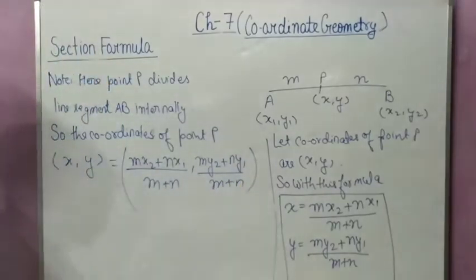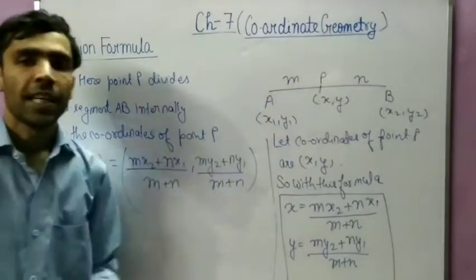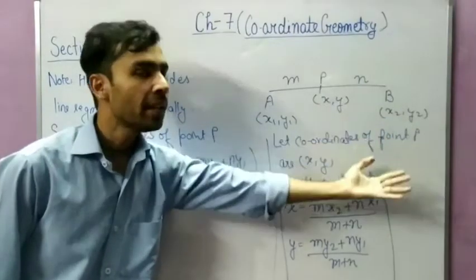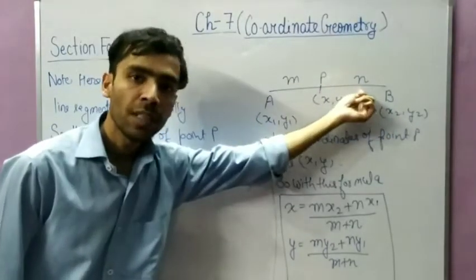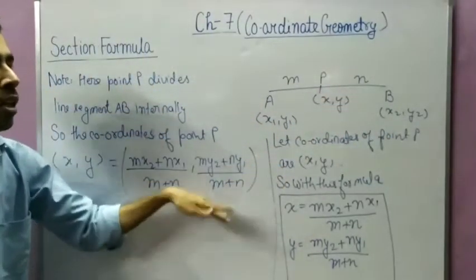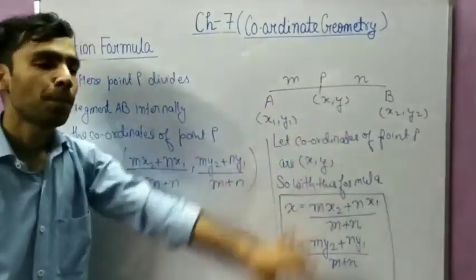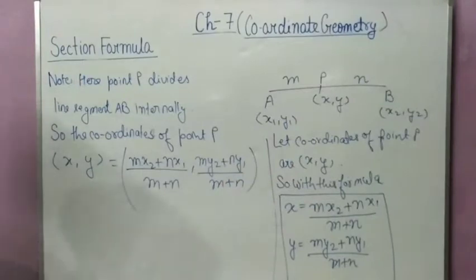So with the help of section formula, we can find the coordinates of point P. In the question, x1, y1, x2, y2 will be given, m and n will be also given. So with the help of this formula, you can easily find the value of coordinates of point P. Okay? Note down, student.